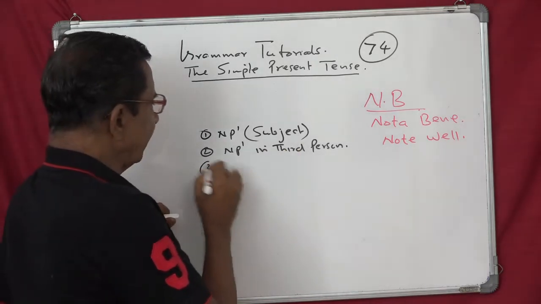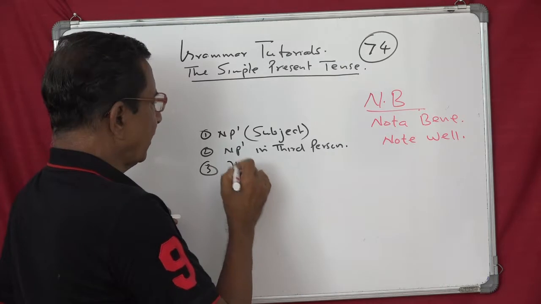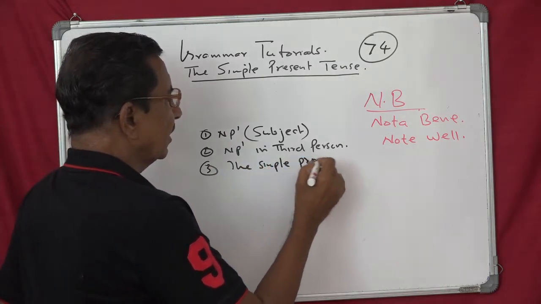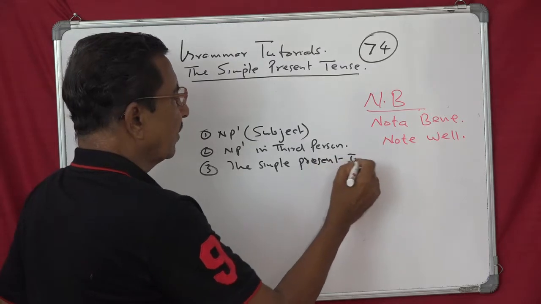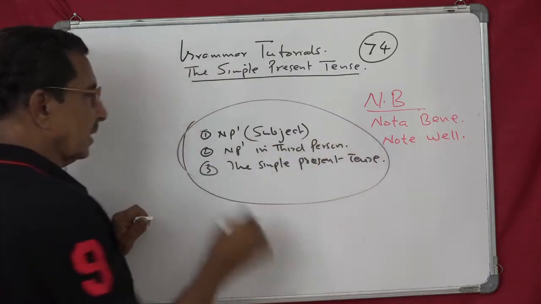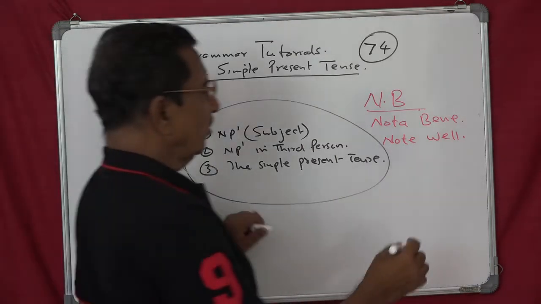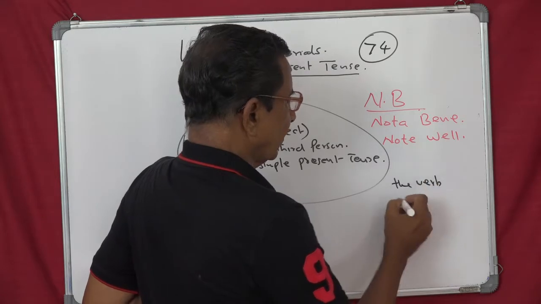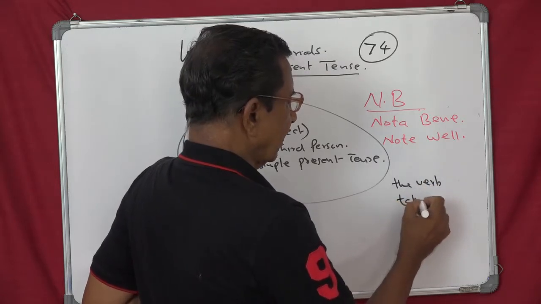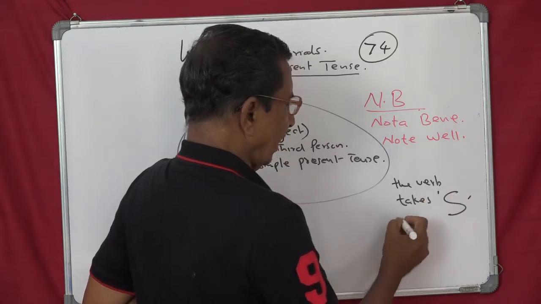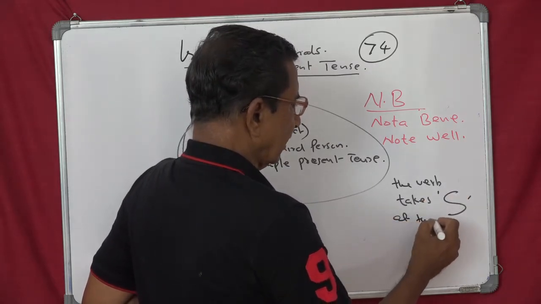And 3, the simple present tense. In that case, what will you do? These 3 things. What will you do? The verb takes S at the end.